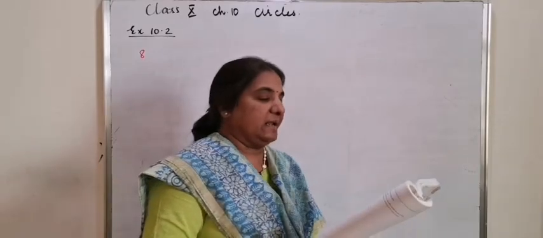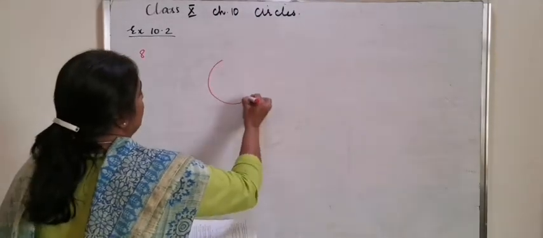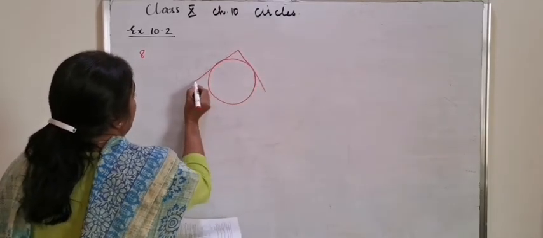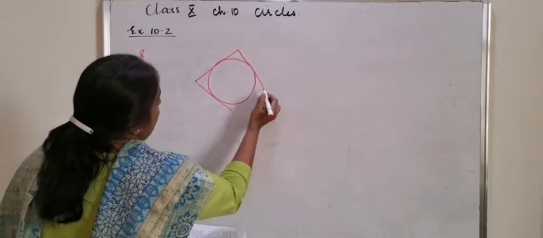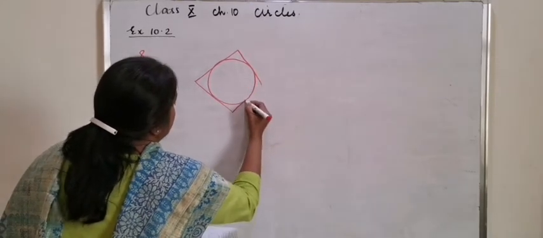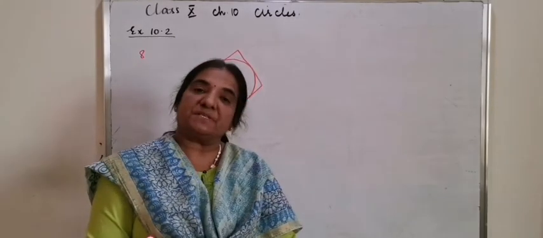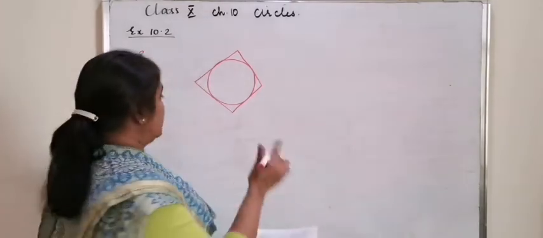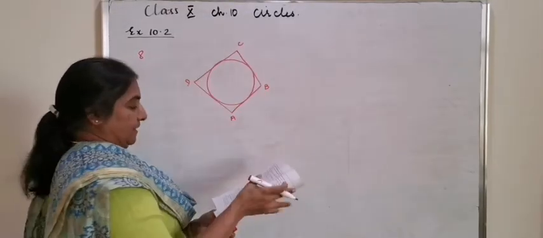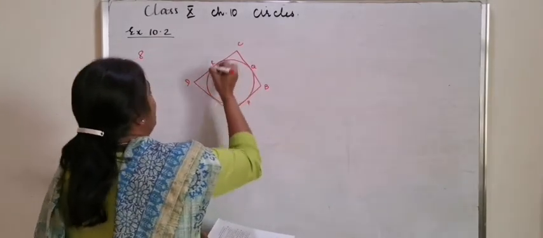A quadrilateral ABCD is drawn to circumscribe a circle, that is, all the sides act as tangents to the circle. That's the meaning of circumscribing a circle. The vertices are given as A, B, C, D, and the points of contact are P, Q, R, S.